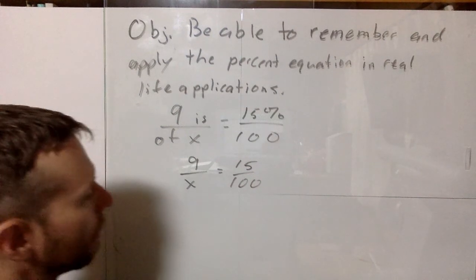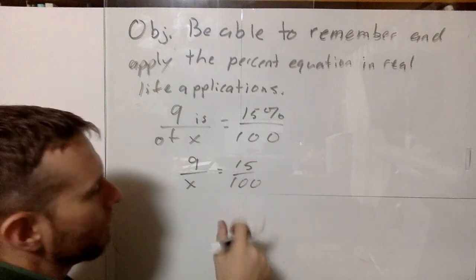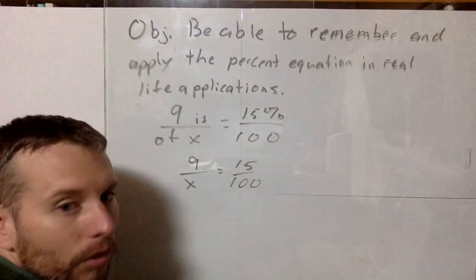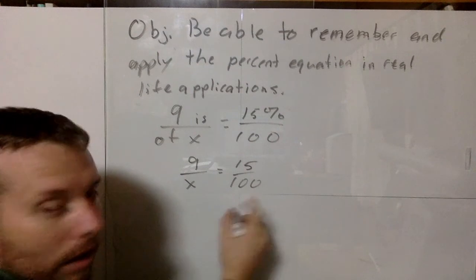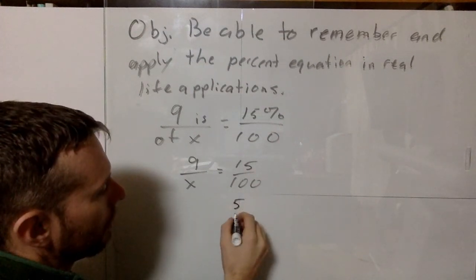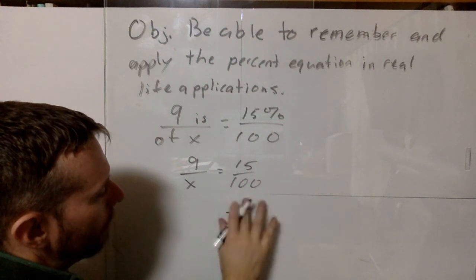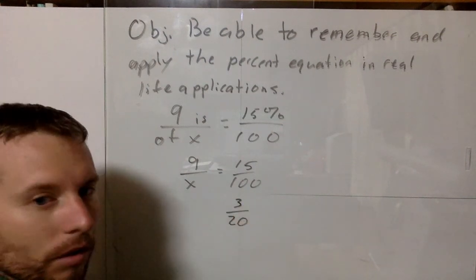If we either do the cross products now or simplify first. So 15 over 100, if we divide the top and the bottom by 5, we will get 3 over 20.